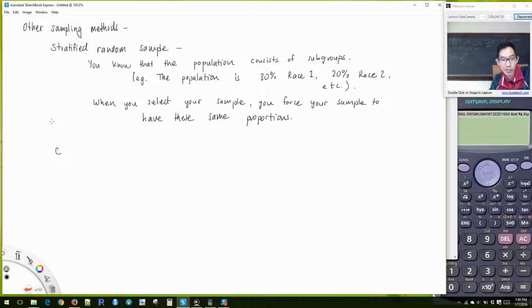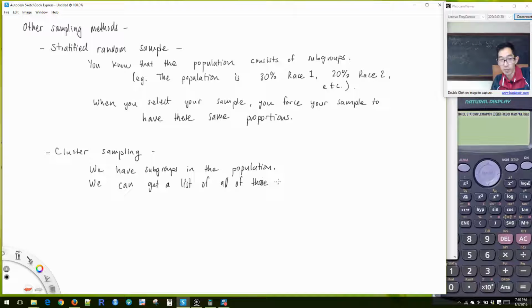Okay, and then another sampling method. This is called cluster sampling. And in cluster sampling, we have subgroups in the population. We can get a list of all of those subgroups. These subgroups are called clusters.